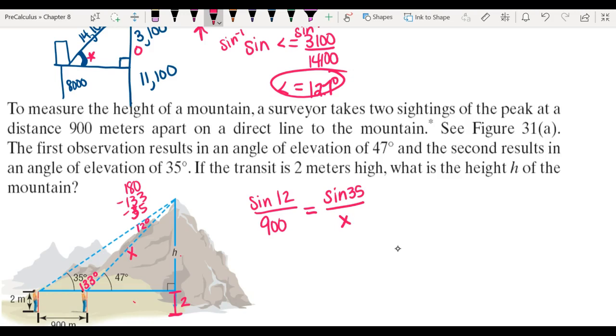Once I have that number, I can use regular trig to find my h. I get x sine of 12 equals 900 times sine of 35.